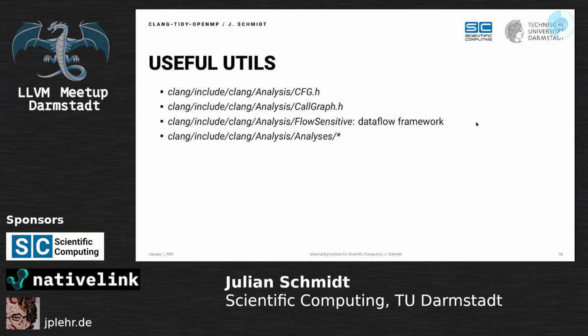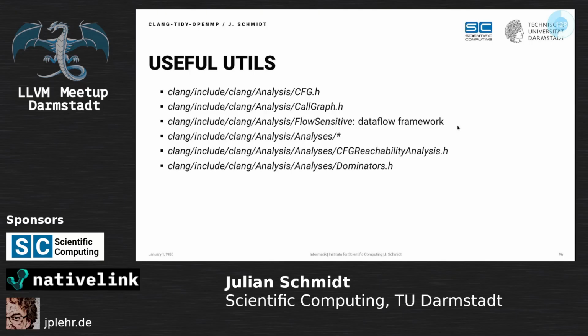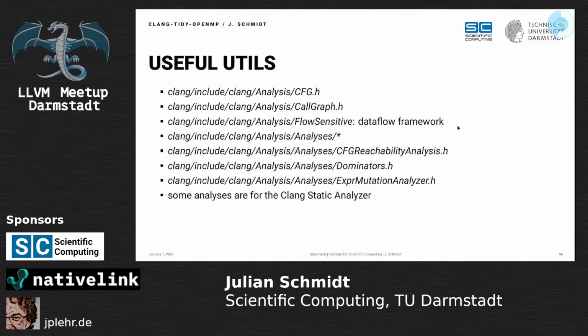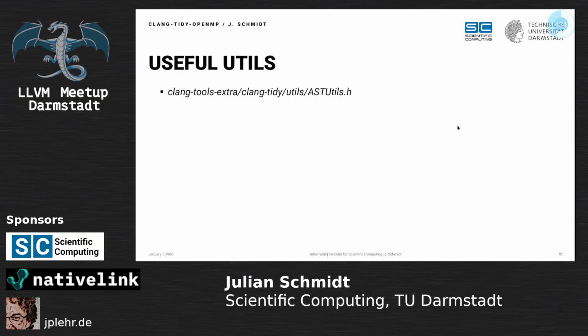Then the rest of the Analysis folder, which contains control flow graph reachability, dominators, ExprMutationAnalyzer, and some more actual implementations for the Clang Static Analyzer, or at least the headers. And Clang-tidy also has some useful utils, ASTUtils, which would be some AST matchers in addition to the ones declared in Clang. There's aliasing analysis, for example, if there is a variable that has a pointer taken inside of the function, which variable is that?